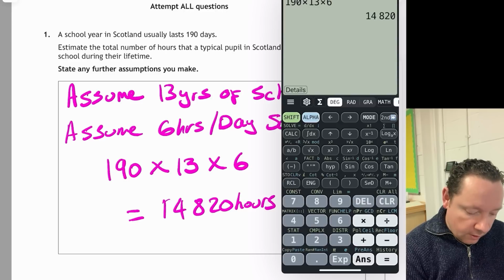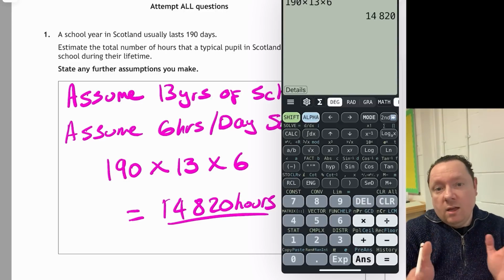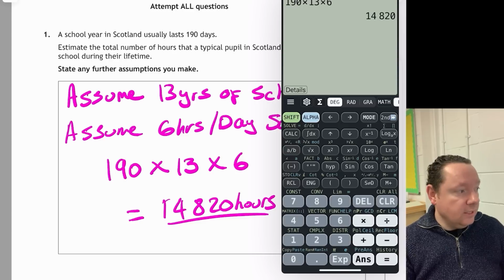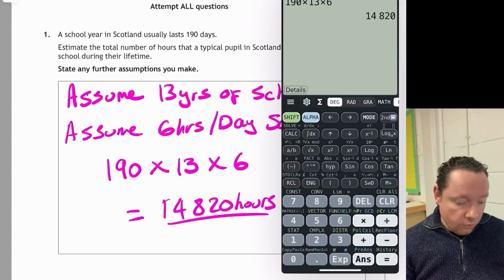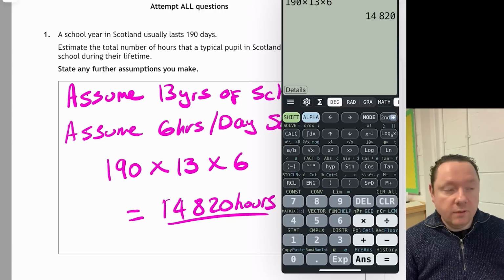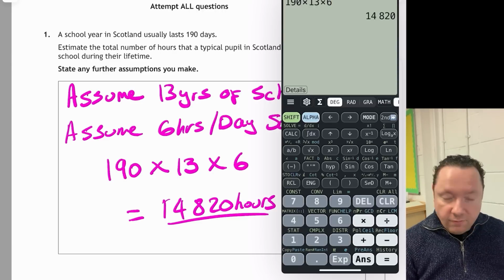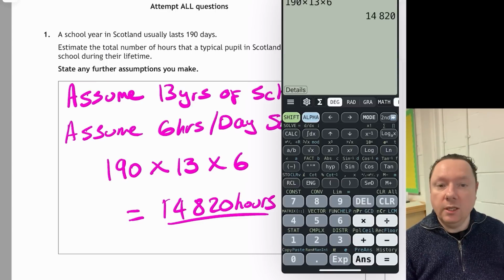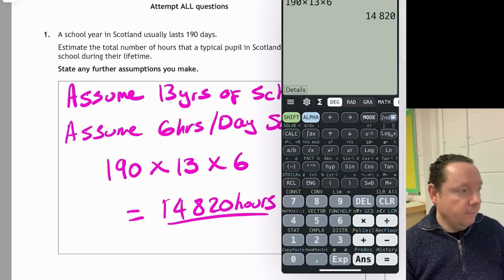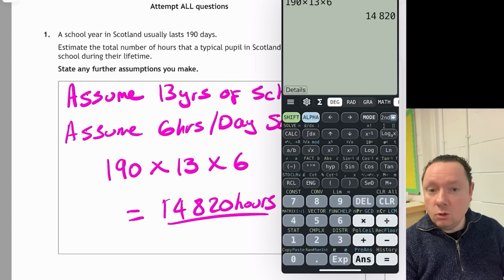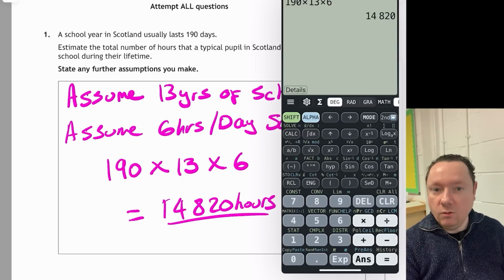And again, there's a range of answers that is reasonable, okay? As long as your first assumption was between 11 and 15 years, and your second assumption between 5 and 8 hours, and you do 190 times your years times your hours to get the total, you'll be fine there. It's worth 3 marks, 2 for the assumptions and 1 for your final sum.